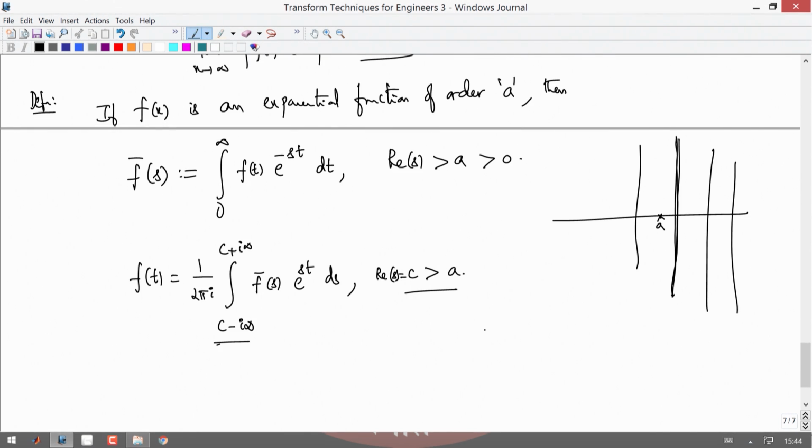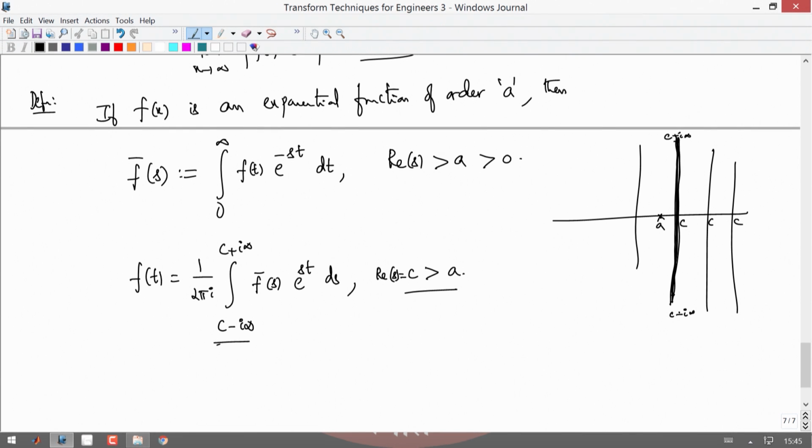So you have this by the integral theorem, but you have to understand that c is actually bigger than a. That means any line c, either here or here, from c minus i infinity to c plus i infinity, over which if you integrate this integrand, it will give you back your function f of t. Okay, that is the meaning of this. So you have extended the class of functions.